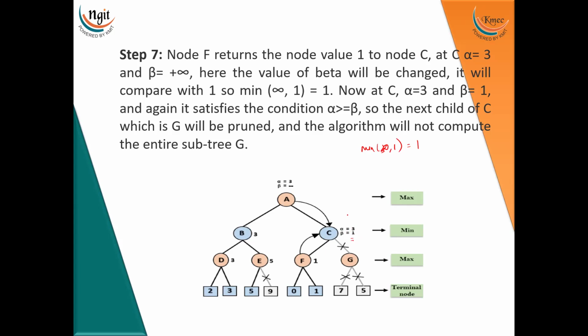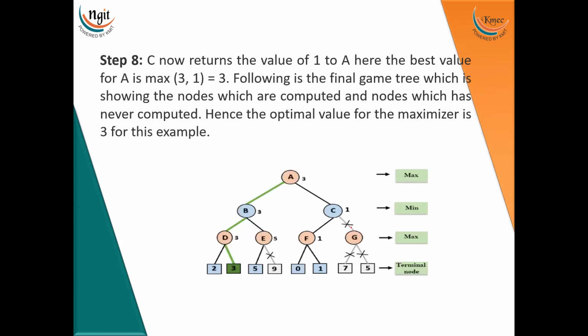Now again here, it is meeting the condition that alpha is greater than or equal to beta. So when we have this condition, we can prune the right side of this C. That is, node G, we are going to prune it, and the algorithm will not compute the entire subtree of G. Now C returns the value 1.